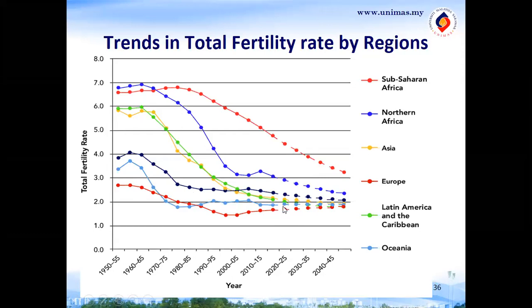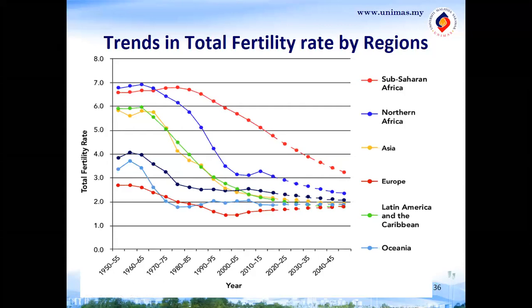If you look at that, even Asia pun sudah close to 2.0, close to the replacement level. And soon by 2030 to 2040 we will have below replacement level, and that's where you will see the population will decline later on.